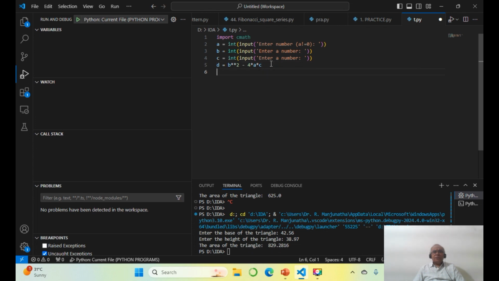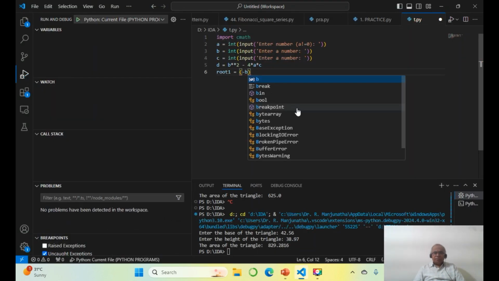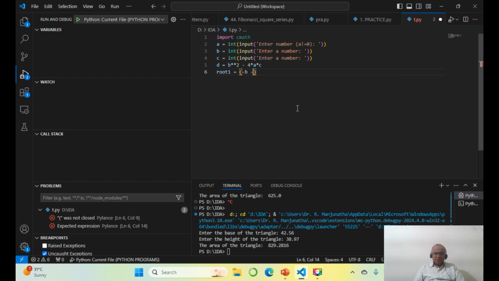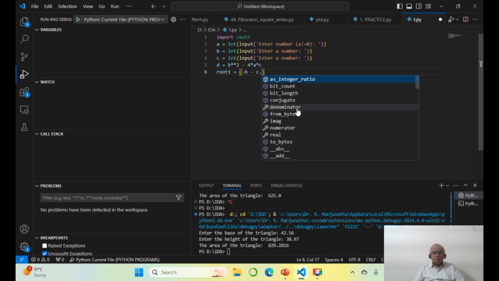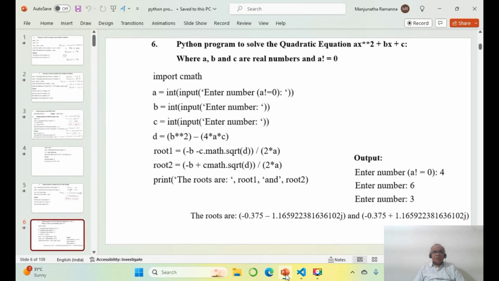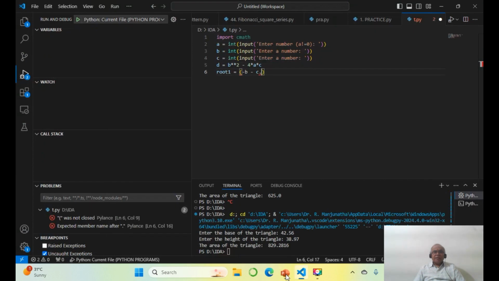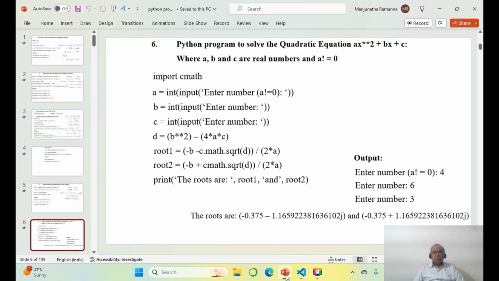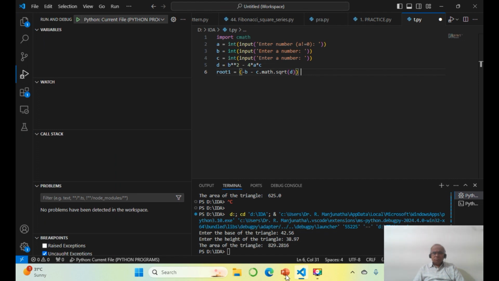Then I need to find out the root 1. What is the root 1? Equals minus b minus cmath.sqrt of d by 2 star a.